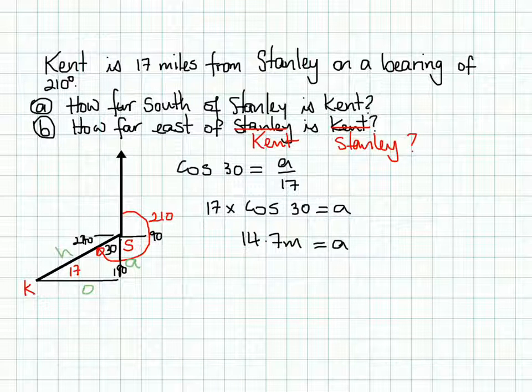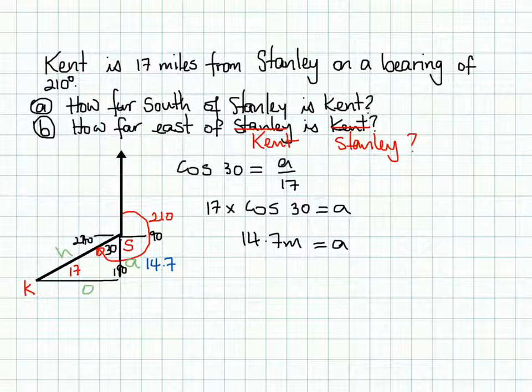So, in other words, they're asking you for the length of this line. Again, I'm going to be a little bit cheeky here, and I will not use sine, cosine, or tan. I'm just going to go straight for using Pythagoras, because that makes sense to me. I already know that this side is 14.7 miles, and I now need to find this side here.